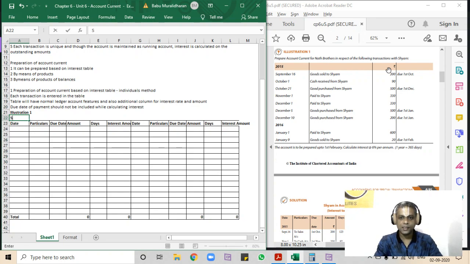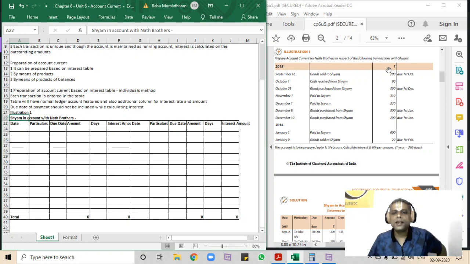So in this case, Shyam in account with Nath Brothers, right? Please prepare account current for Nath Brothers in respect to the following transactions with Shyam.